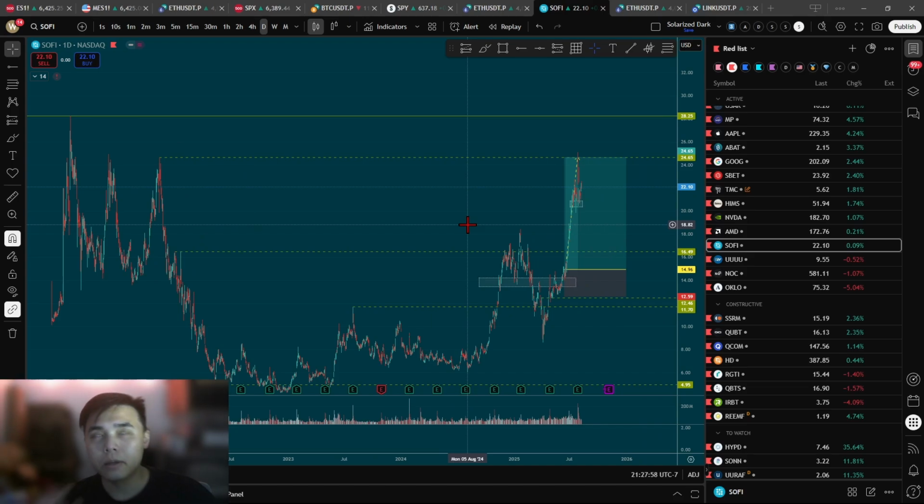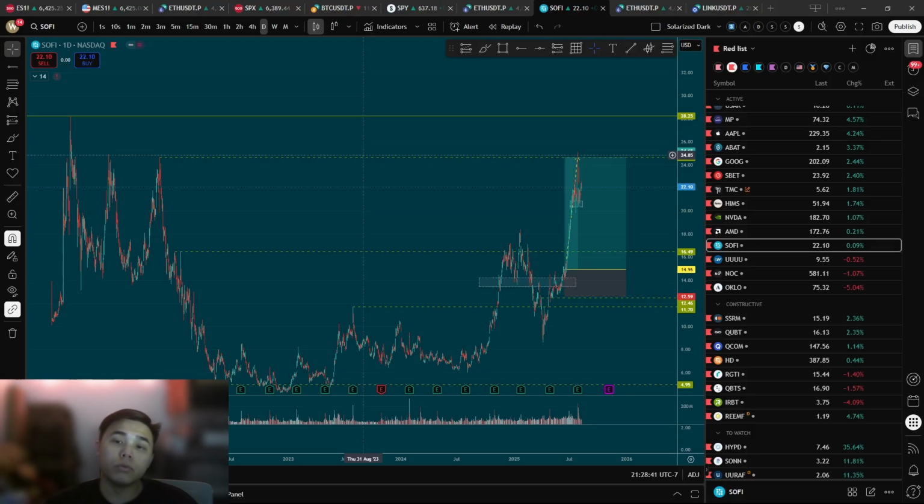How I think of these levels is that there are people that have limit orders here. There are people who are shorting here because they think there's downside. There are people who have it as a target that are just selling it there. There are people who potentially are getting liquidated there because they max positioned in.